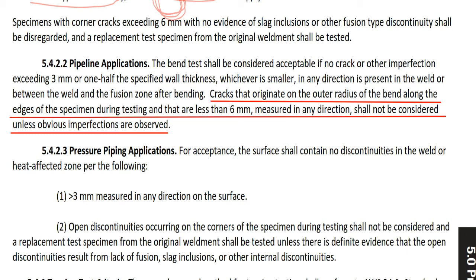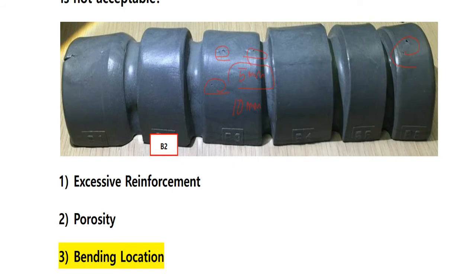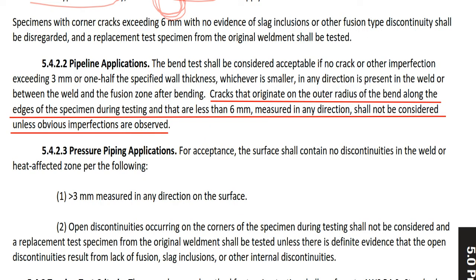Cracks that originate on the outer radius of the bend along the edge of the specimen during testing and less than 6 mm measured in any direction shall not be considered reject unless obvious imperfections are observed. So the corner crack less than 6 mm is accepted unless the obvious imperfection is observed.